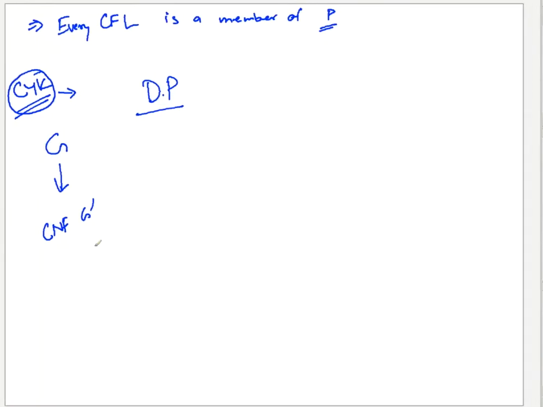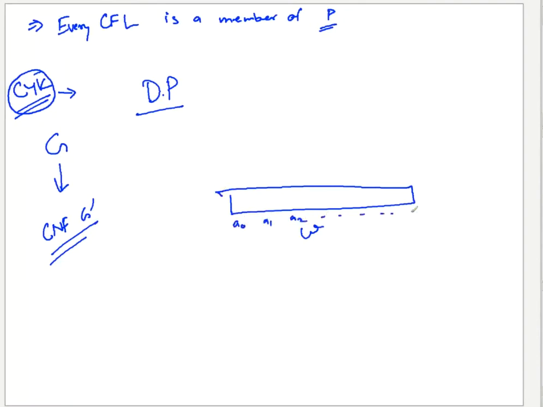Once you have converted the grammar into G dash, so basically you assume that the grammar is given in G dash form, you run the DP, and the DP is something very simple. You start with the string w as the symbols a0, a1, a2, and likewise up to ak, the first level of that table.